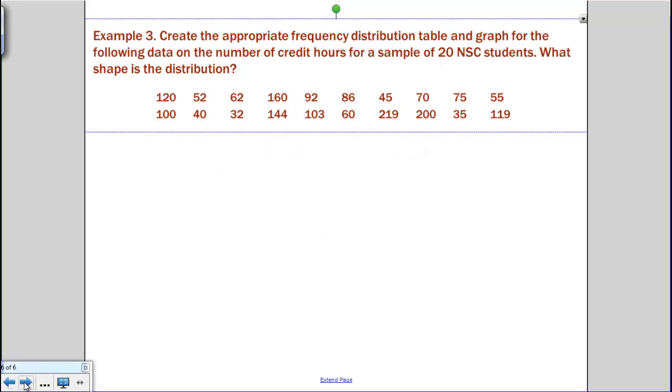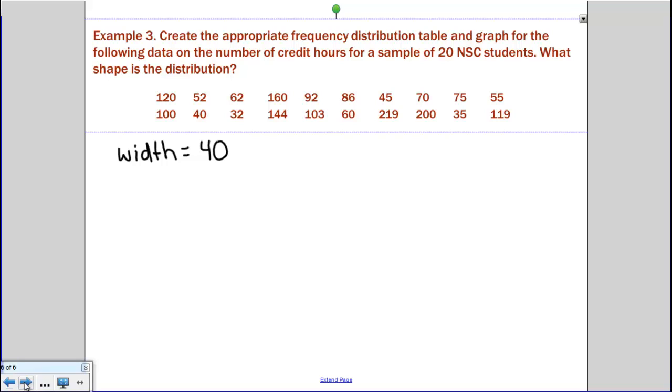So we've identified that we have a width of 40, and we can begin to create our table. So we know that we have to cover the full range from 32 to 219 using a width of 40. So if I think about, okay, well, 32 is less than 40, so I need to start at 0.